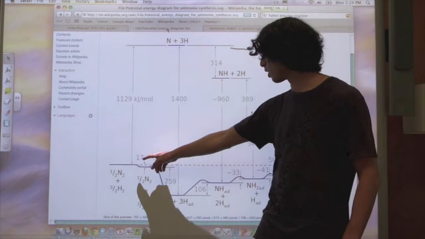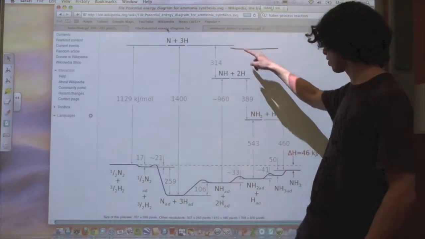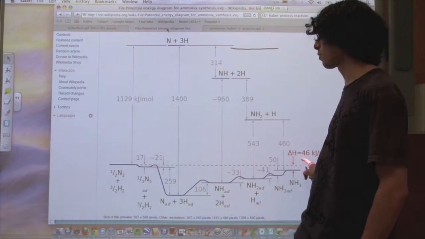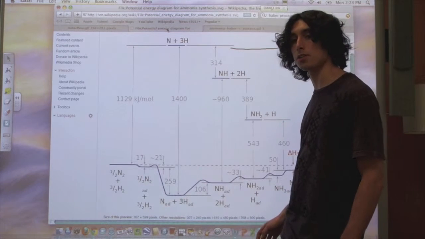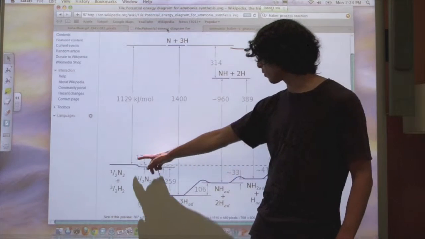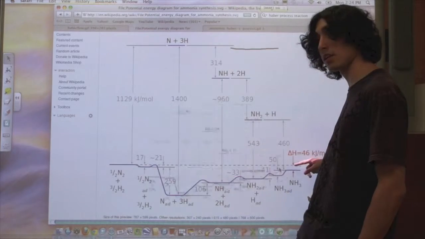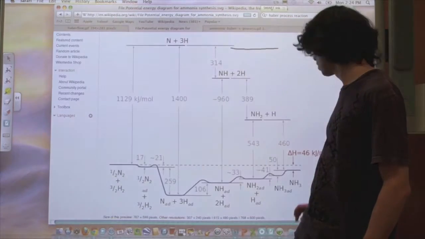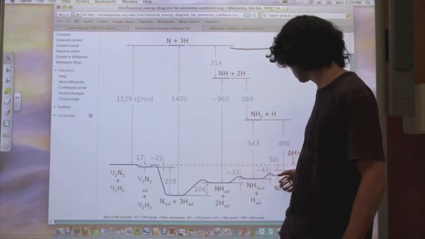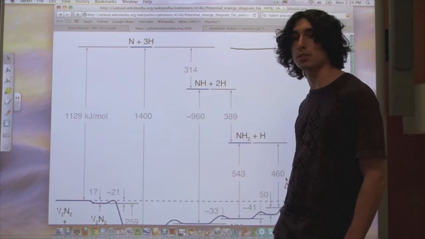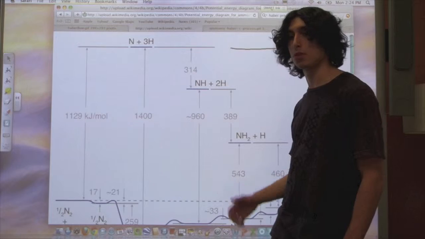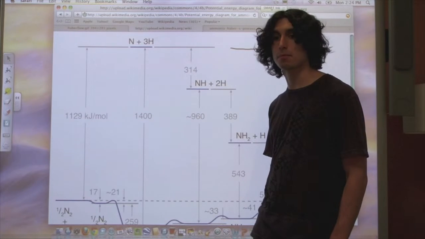You can see that in order to get it to react without the catalyst, we need to go over this huge activation energy. And that's very hard to do. Instead, we use this catalytic pathway, which allows us to reach this equilibrium much, much faster and make this a reasonable reaction to do in industry and gain a profit from.